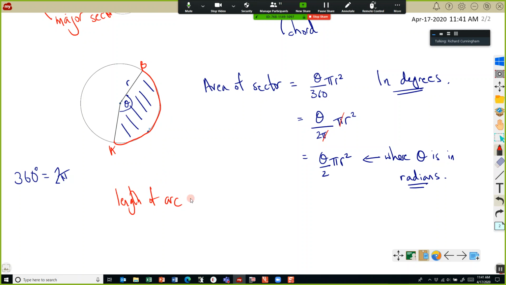Right, good. I'm going to use the formula for circumference. I work out the full circumference of the circle. I only want a fraction of it, so it's going to be 2 pi r multiplied by theta over 360, right. Do you remember that from last year?